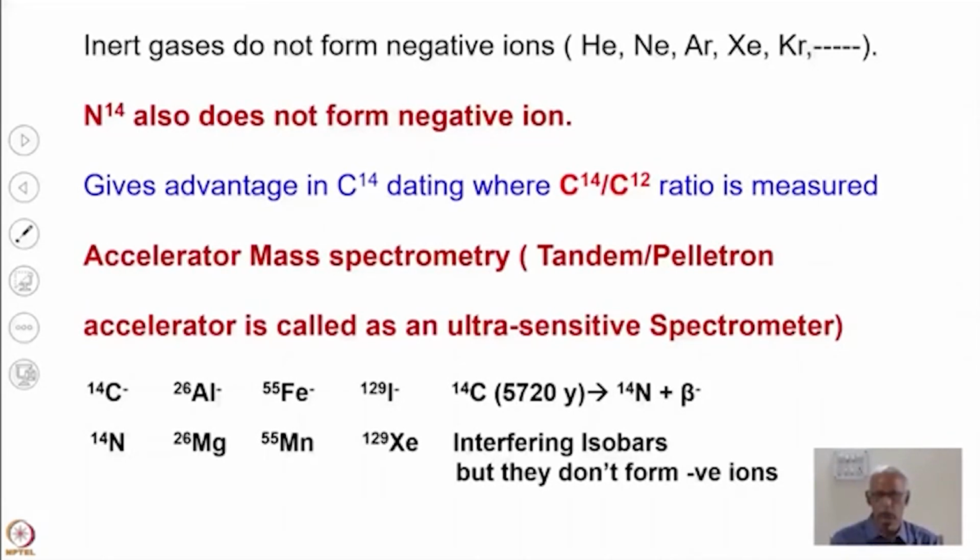There is no interference from the isobars nitrogen 14, magnesium 26, manganese 55 or xenon 129. Because there is no interference from isobars, we are able to get much higher accuracy in the measurements.